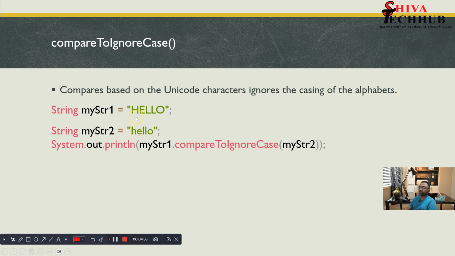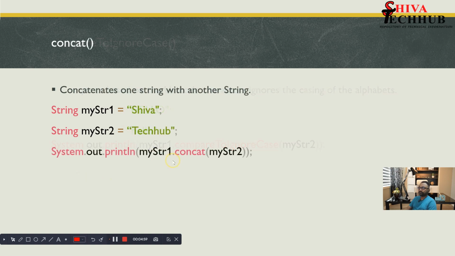So that is how we need to understand it. Basically, as I said, it compares the Unicode values and ignores the casing of the alphabet. In this case, the casing of the alphabet is different, but it is ignoring it, right? So it will return 0, since they are equal.